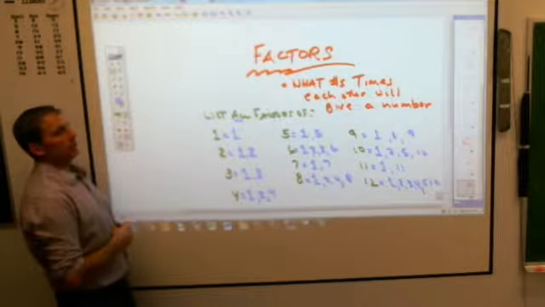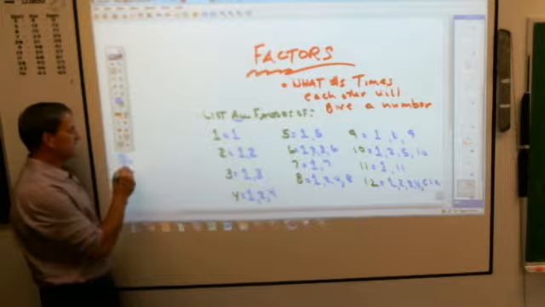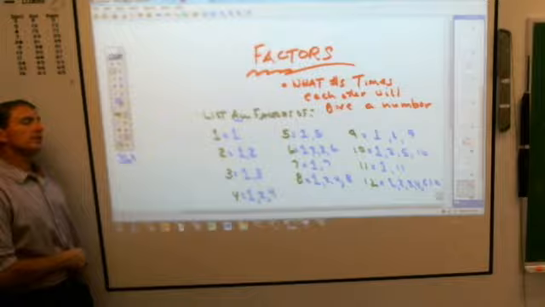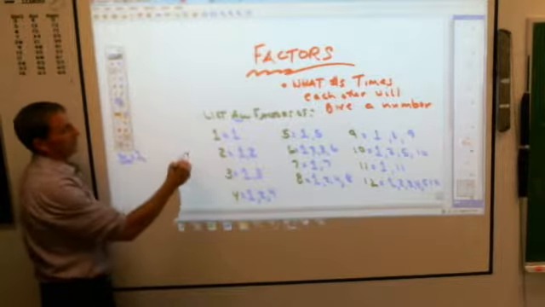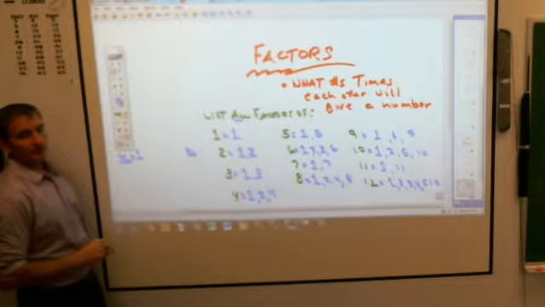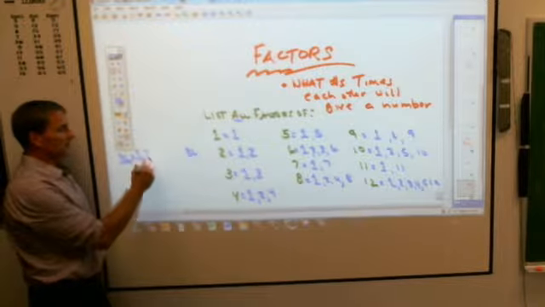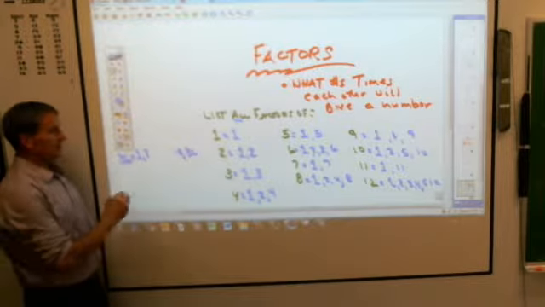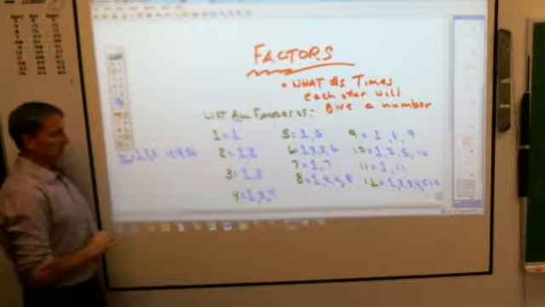Again, the reason why you want to list a number with its partner is, I can tell you when you get big numbers like 36, if I ask you to list all the factors of 36, usually they remember 1 times 36. But a lot of times they'll say, well, 2 is a factor of that, but they don't list what times 2 gives you 36, which is 2 times 18. 3 times 12 gives you 36.